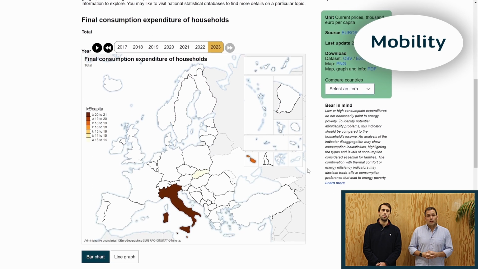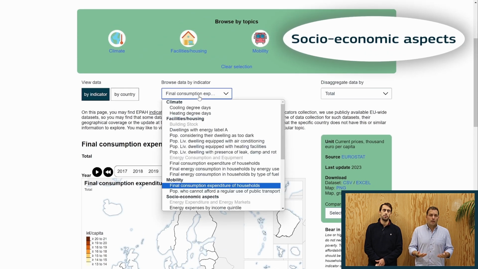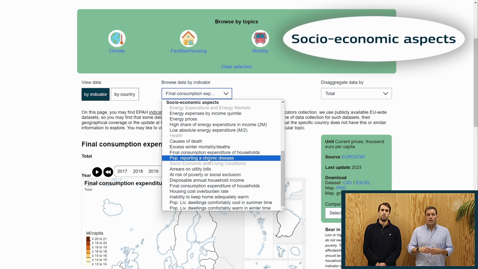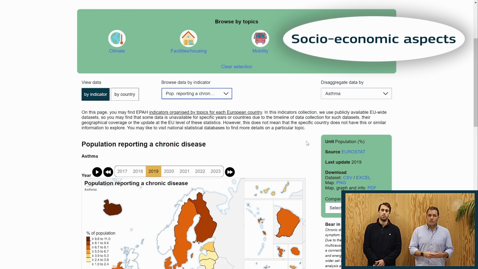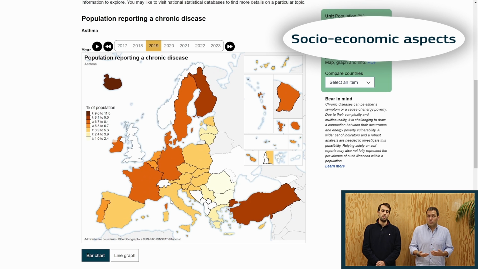And we also bring information around socioeconomic aspects, so income-related indicators, on age, on gender, on income. But then we go deeper into this. So, for example, we have indicators related to health, which is really important to understand also the consequences of energy poverty in the countries and regions.